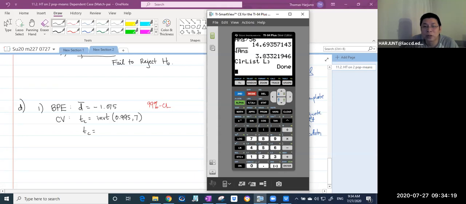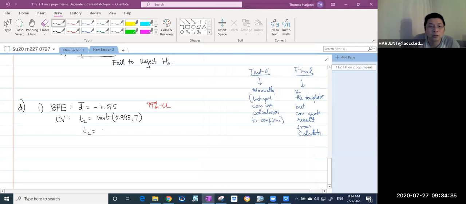Okay. Inverse t gives 3.49948. In step 2, the margin of error will be the t critical times the standard deviation of the differences.